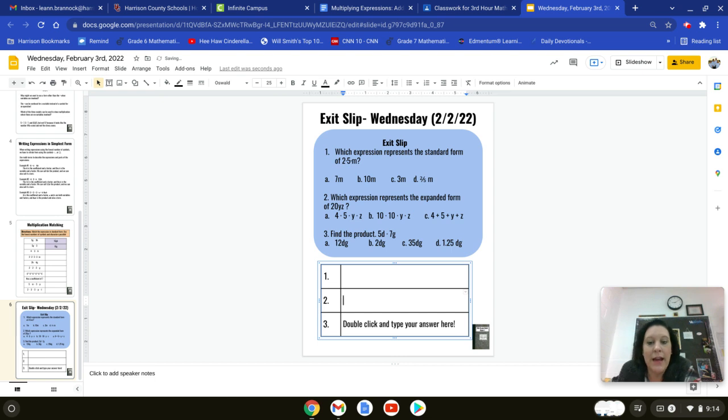Remember, we're multiplying. We are not adding. Catch my drift? It's not C for number 2. All right, just moving on. We're multiplying. And then you have 5D times 7G. And so you're going to multiply those together. Don't add. All right, so erase your answers there and pick your answers for 1, 2, and 3.